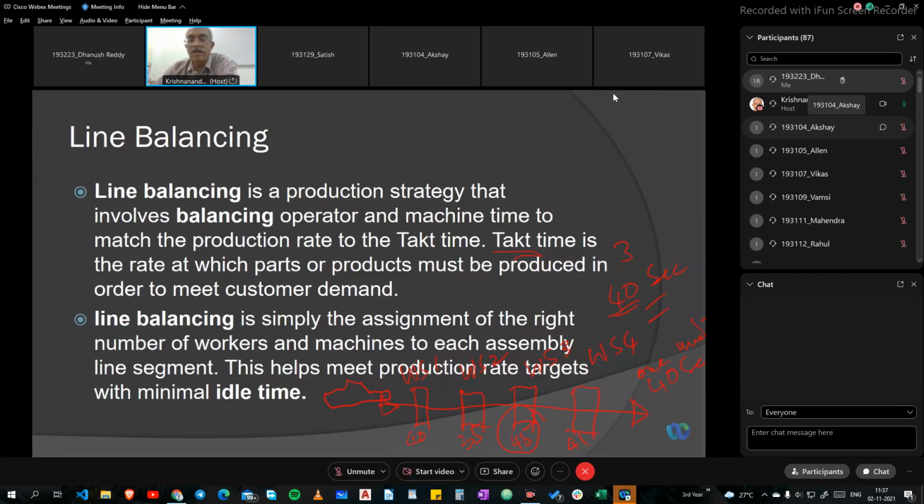Ideally, the total time taken in each workstation should not cross the takt time. And each workstation can have 1 or 2 or even 4 tasks. You club 3 or 4 tasks into one workstation.